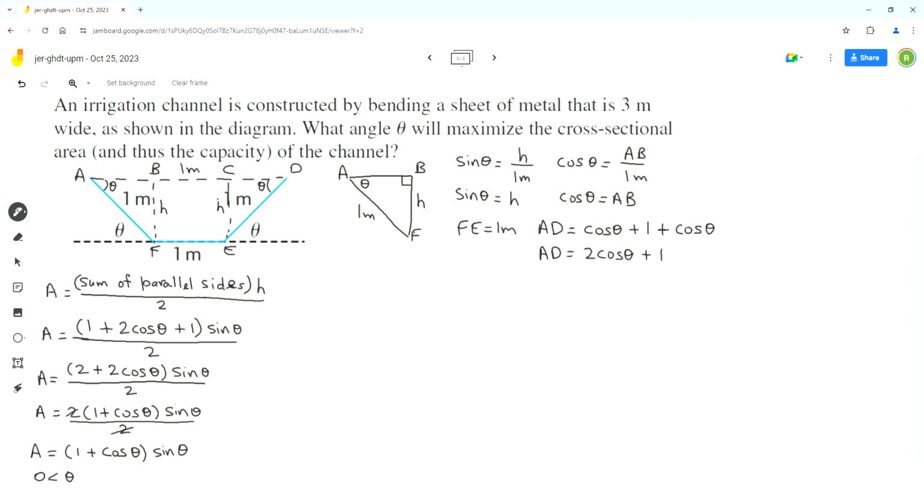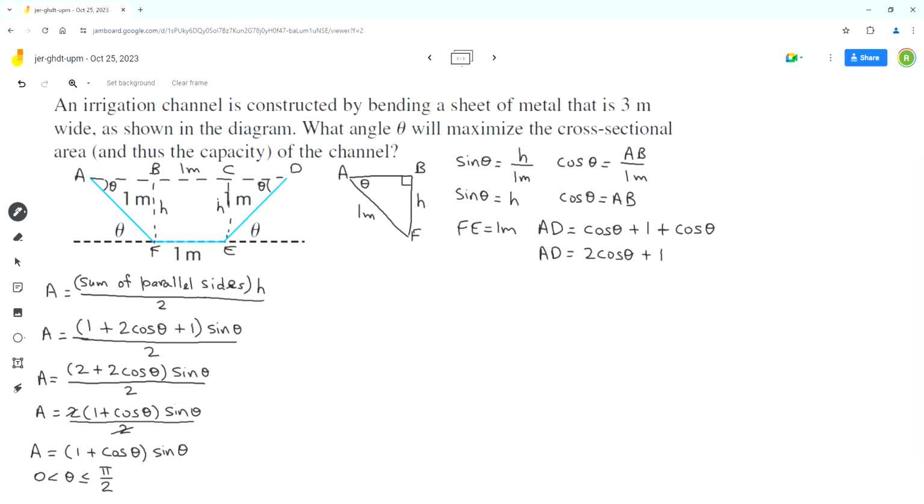And theta cannot be greater than pi over 2, or 90 degrees, because if theta is greater than pi over 2, then the non-parallel sides will lean inwards, and that will reduce the area of the channel. So the maximum possible value for theta is pi over 2. This is the domain of this area function.